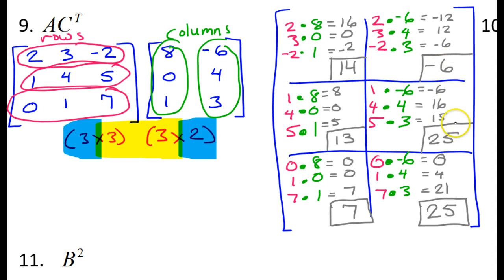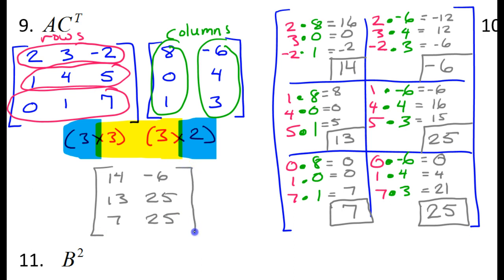As you can see, I got these numbers here in the boxes, and those numbers in the boxes represent the final answer. So the final answer will be 14, negative 6, 13, 25, 7, 25. This is the product A times C transpose.